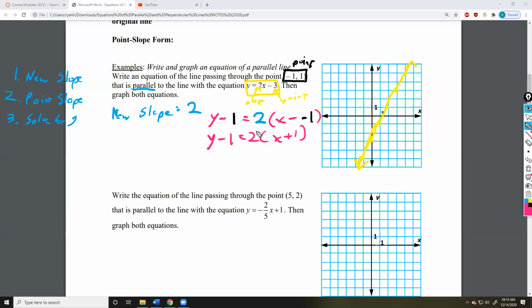To solve here, I'm going to distribute the 2. So we're just simplifying on the right side. 2 times x is going to be 2x, and then plus 2 times 1 is going to be 2. And then I have a y minus 1 here, so I want to get y by itself. All I need to do to get rid of the subtracting is to add 1 to both sides.